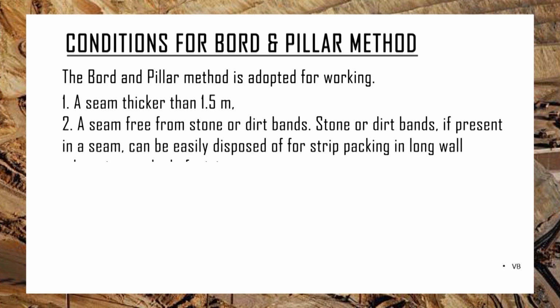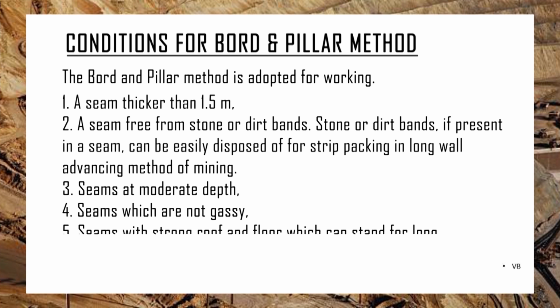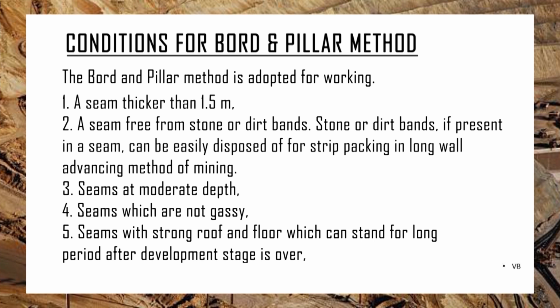Stone or dirt bands, if present in a seam, can be easily disposed of for strip packing in the longwall advancing method of mining. Next, a seam at moderate depth; seams which are not gassy; seams with strong roof and floor which can stand for a long period after the development stage is over; and coal of adequate crushing strength.